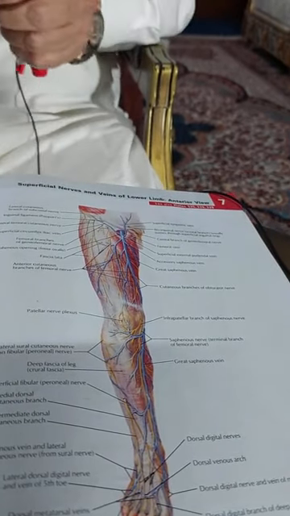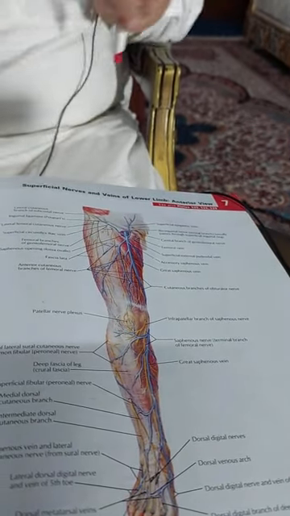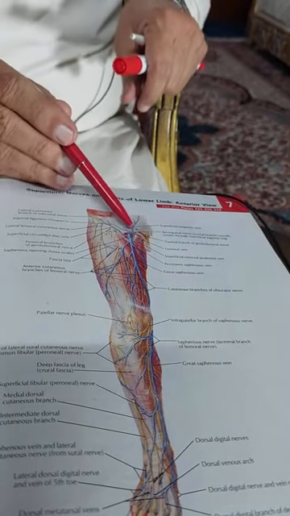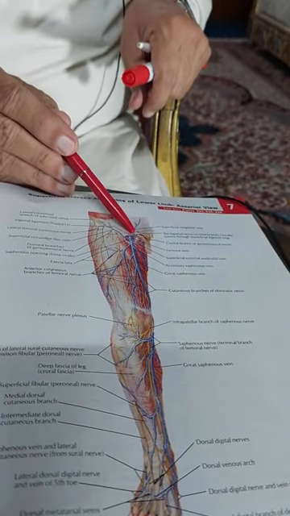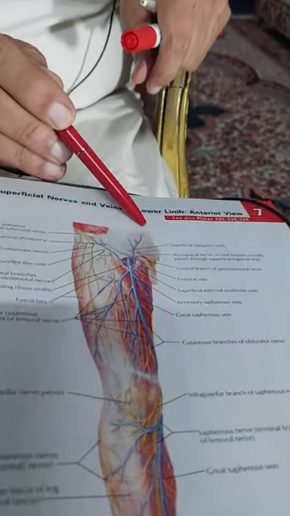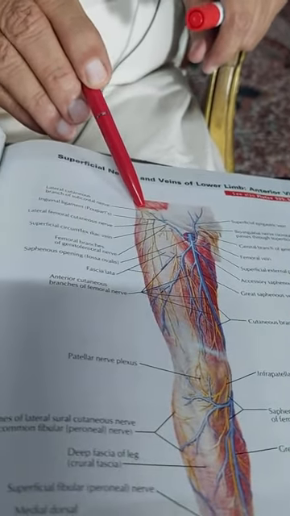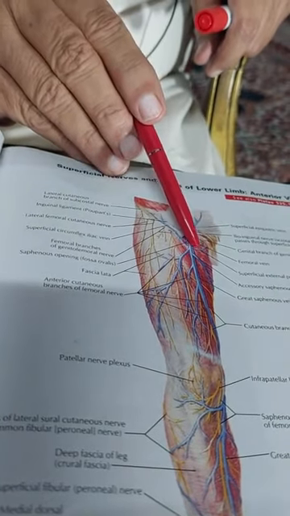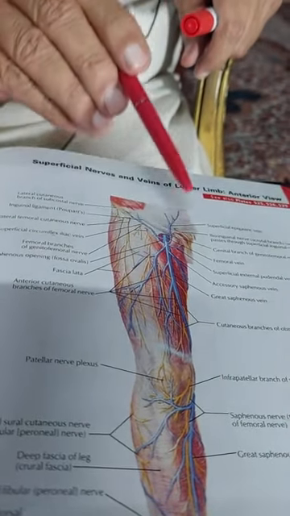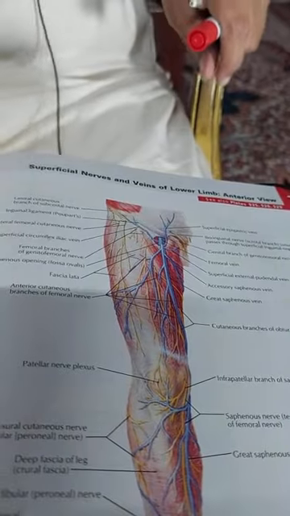And these are important clinically. These veins are, number one, you can see the superficial epigastric vein, and number 2, superficial circumflex iliac, and 3, superficial external pudendal, and maybe deep external pudendal.